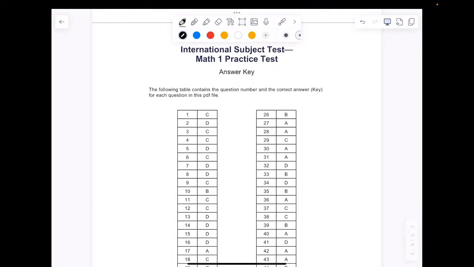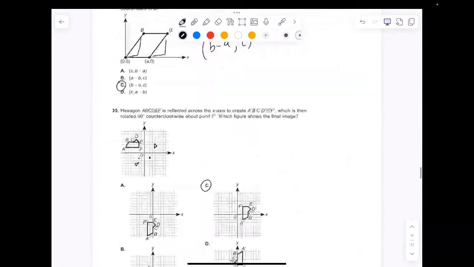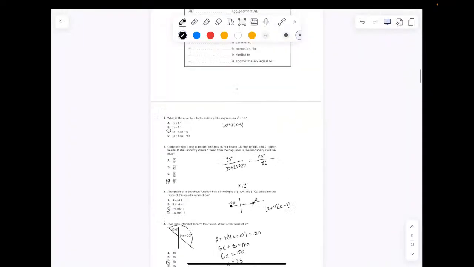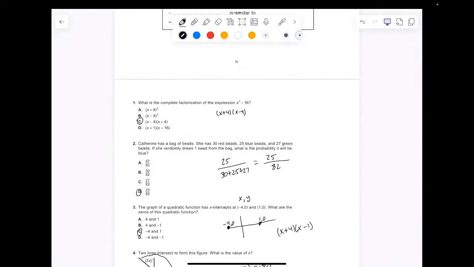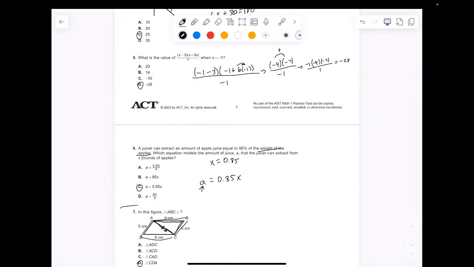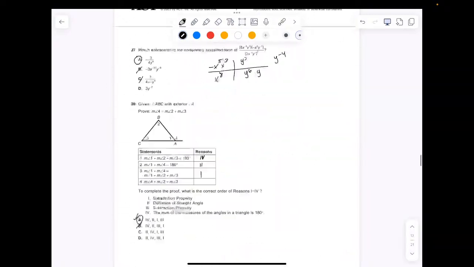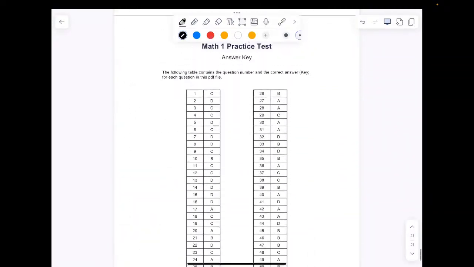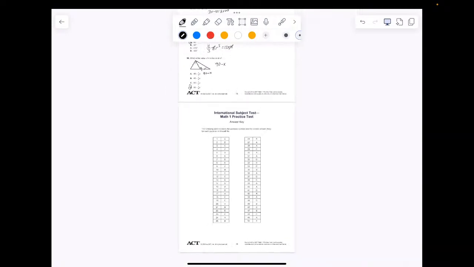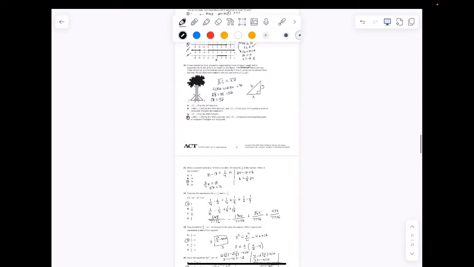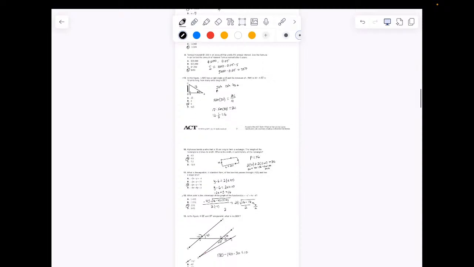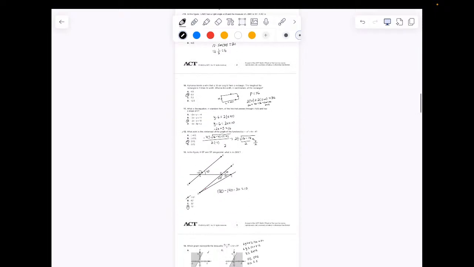C, D, C, C, D, C, D, C, C, D, C. Okay, we're good. That's a lot of scrolling. D, D, C, B, D, D, C. Wow, we got 9 right. B, C, C. Okay, we're good.